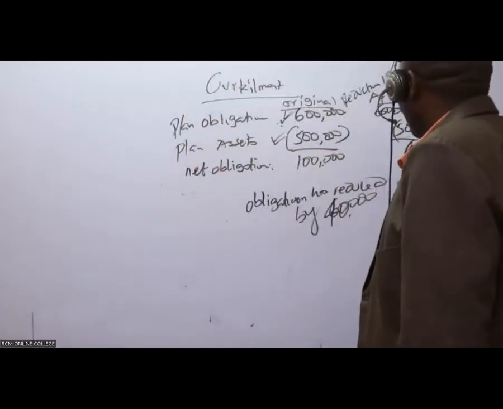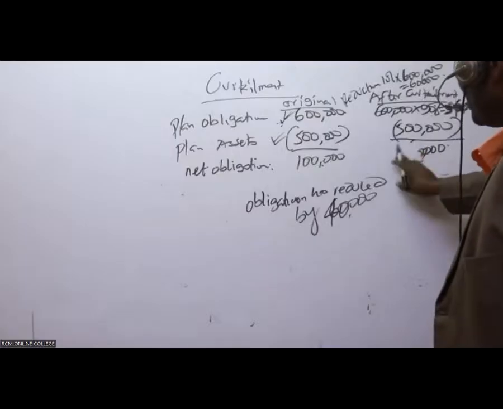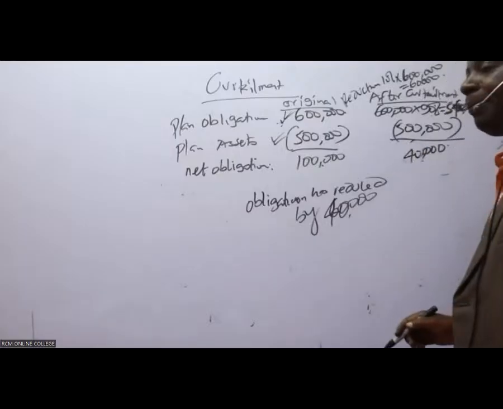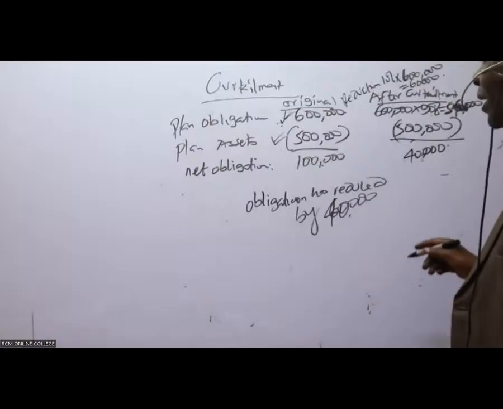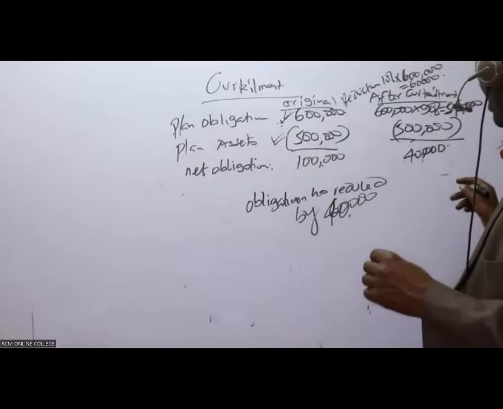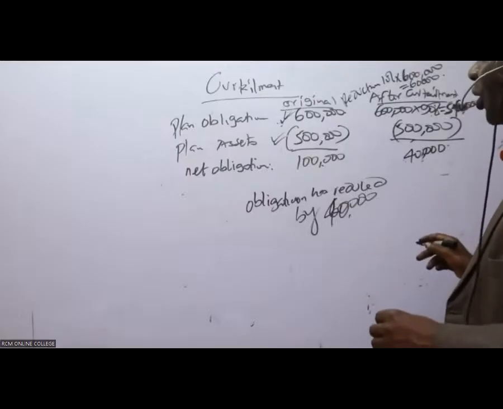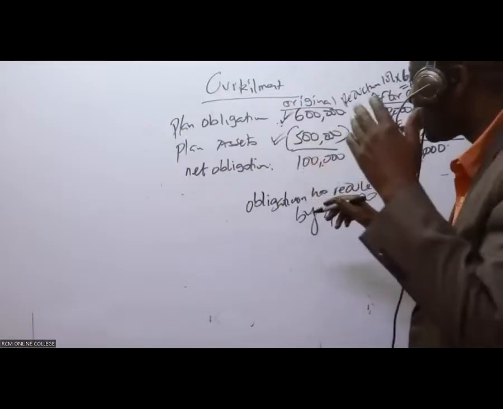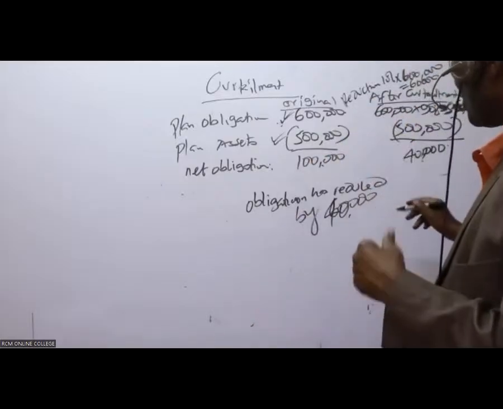Therefore, ladies and gentlemen, which is part of learning anyway, in this case here we can see 40,000 like that. So if that is the case, the obligation has reduced. By how much? You can see the net, initially it was 100,000. After curtailment, now it's 40,000.